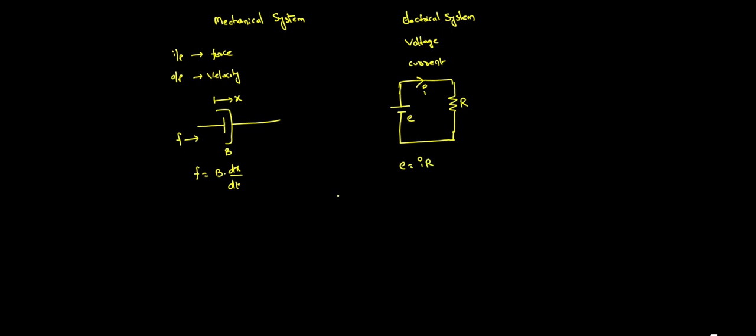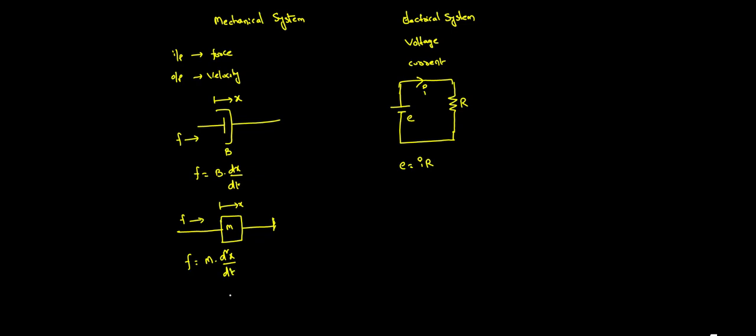That simple it is. Similarly, if you take the mass, here I am giving the force F, and the mass M. What we have written is F is equal to M into d square x by dt square, with the same displacement x.